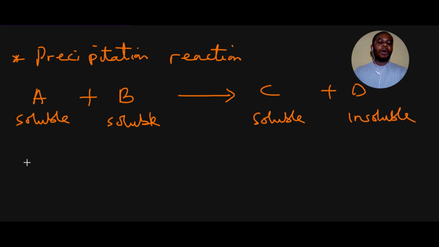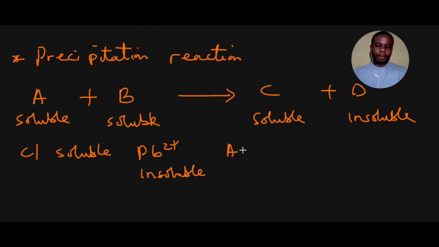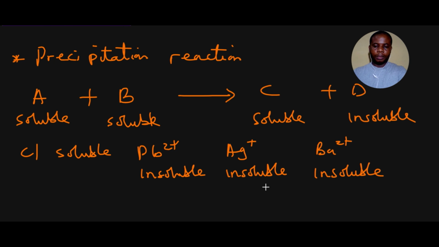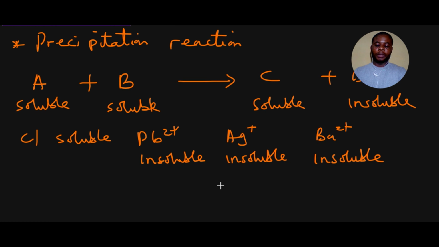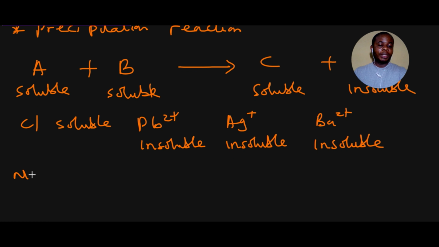Just note that there are some things you need to know in chemistry. All chlorides are soluble, except the chlorides of lead 2. Lead 2 chloride is insoluble. Silver chloride is insoluble. Barium chloride is also insoluble. Just take note of this. We have all nitrates.